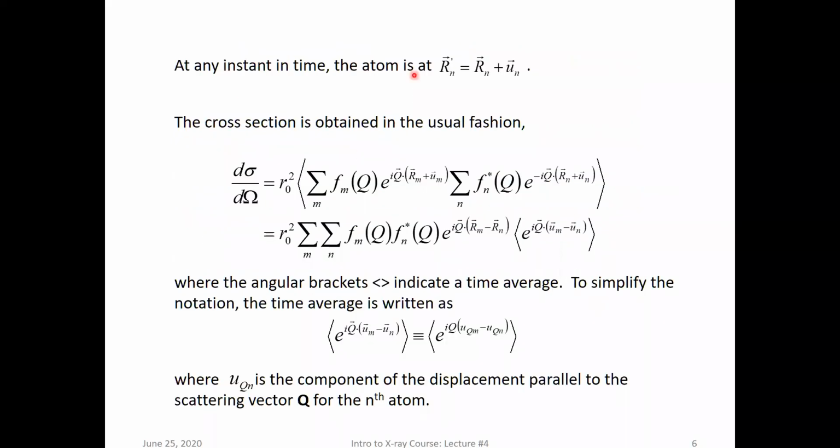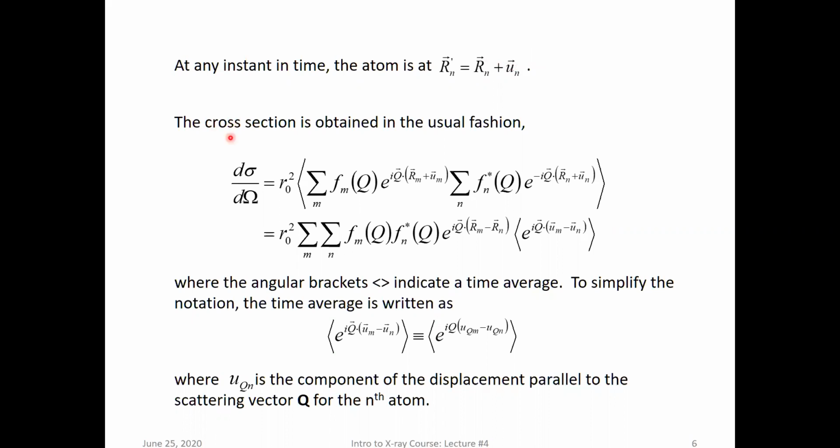And at any instant in time, the basic idea is the atom's not sitting at its average position or its equilibrium position, but there's some displacement, U, and U is small. Just imagine a little harmonic oscillator. There's a spring, and I've got a ball and a spring, and it vibrates back and forth. The zero position is given by R, and it just vibrates back and forth in a potential well.